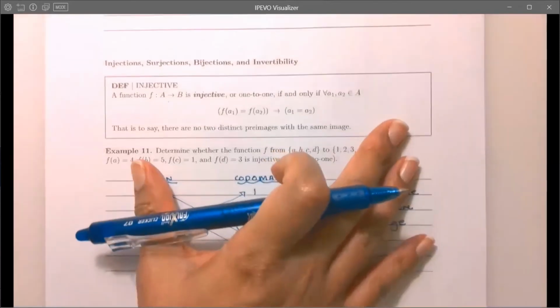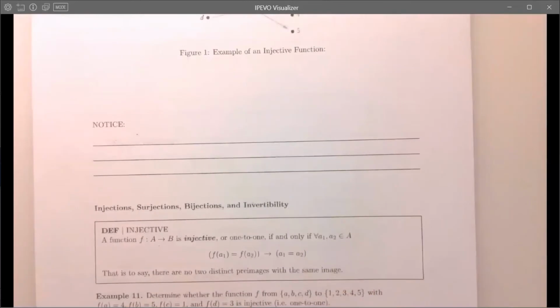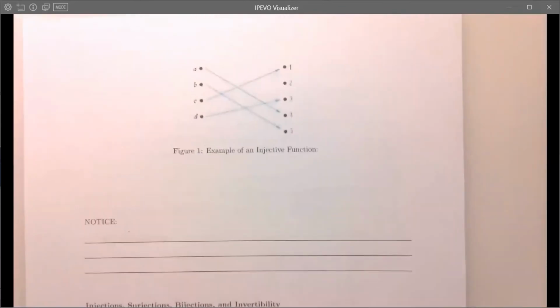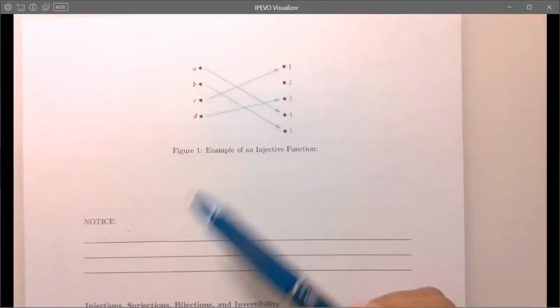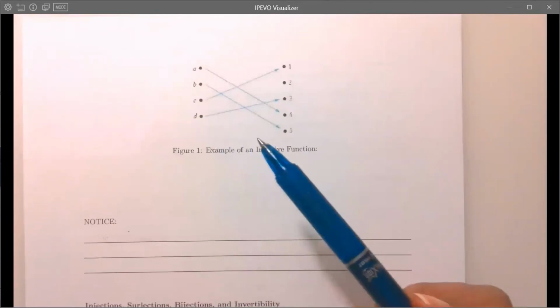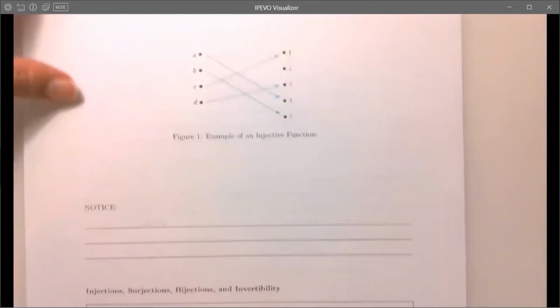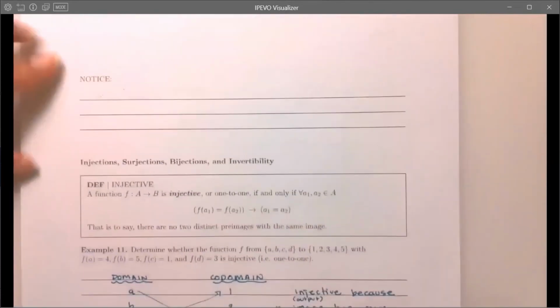Here's another example. Actually, this is the drawing for example 11 on top as well. I just decided to draw it one more time.